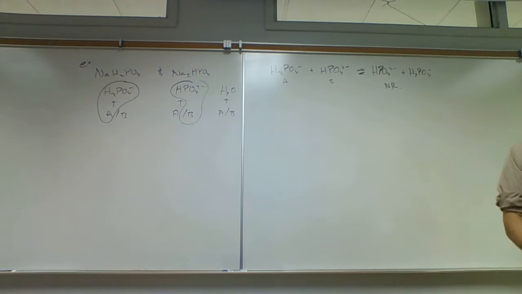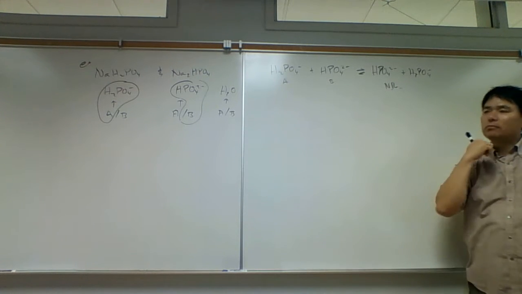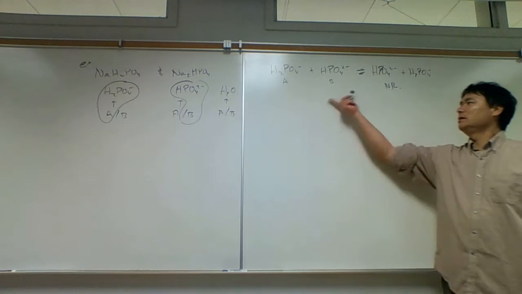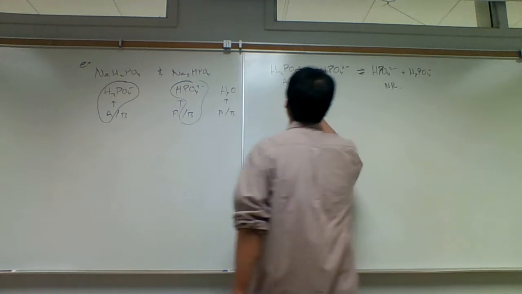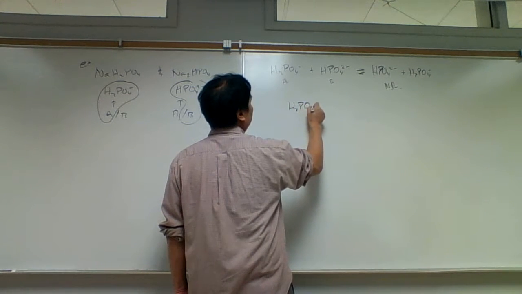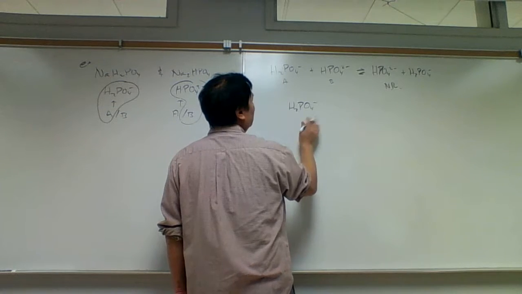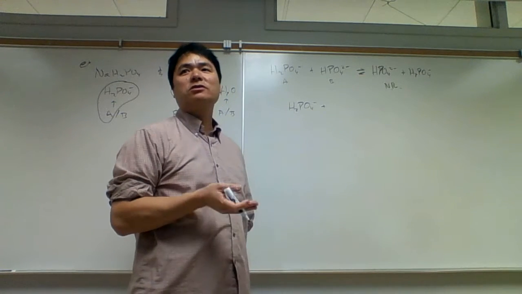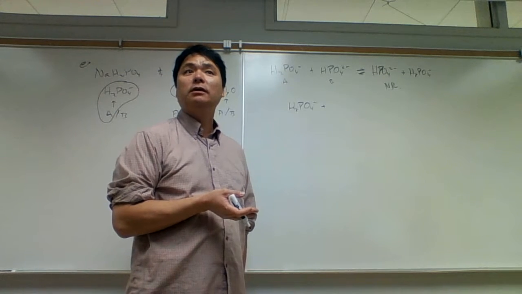Well, this didn't lead to a unique product. So what we do is we look for the next strongest acid or the next strongest base. And so this didn't lead to a product, but looking for the next strongest, we'd have H2PO4 minus. What's the next strongest base? Well, this base didn't yield any unique product, so the next strongest base present would be water.